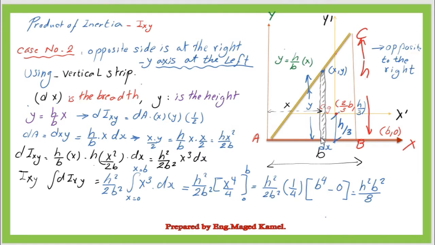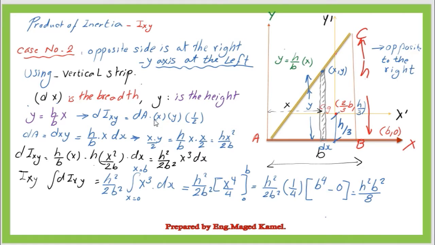The area dA equal to dx multiplied by y, and our y equation is h over b multiplied by x. So we are going to use that expression and modify the value of dA as follows: dA equal to y dx, which equals h over b multiplied by x dx.